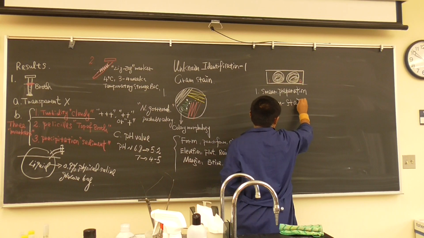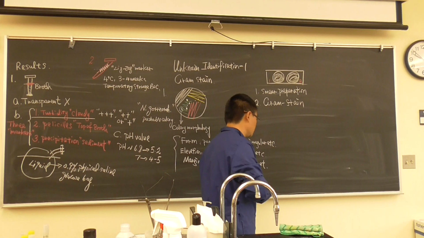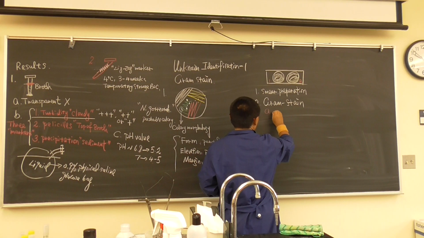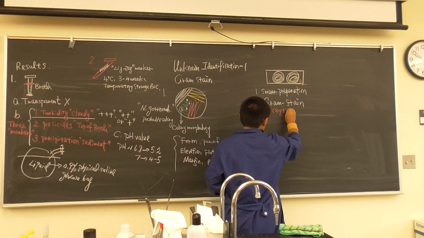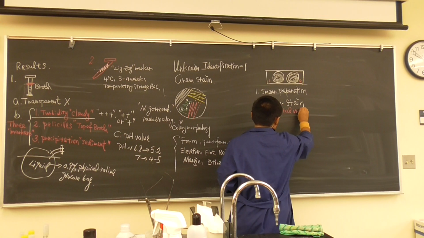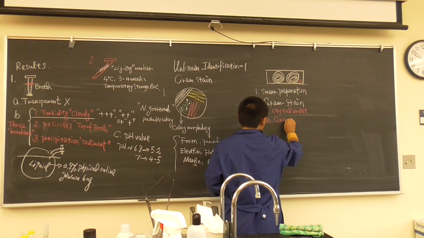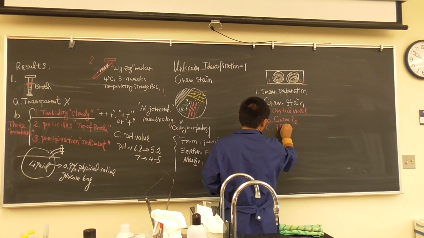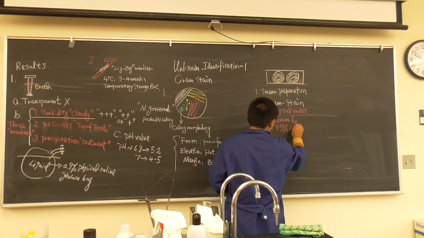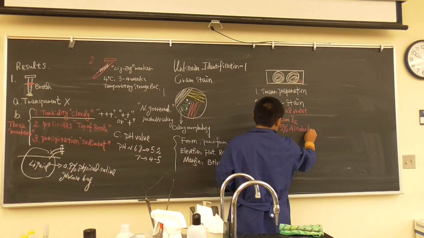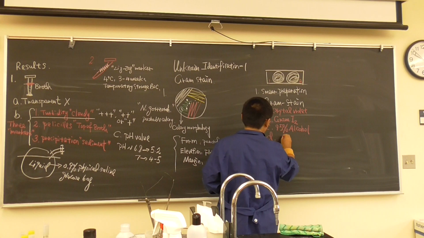If you forget the Gram stain procedure, always remember: crystal violet, followed by Gram iodine, then decolorization with 95% alcohol, and the last one will be counterstain with safranin.